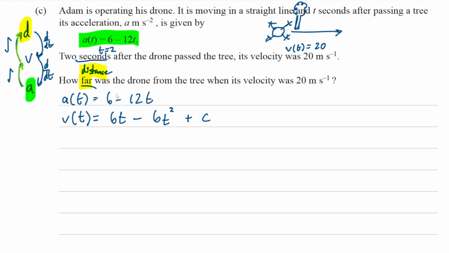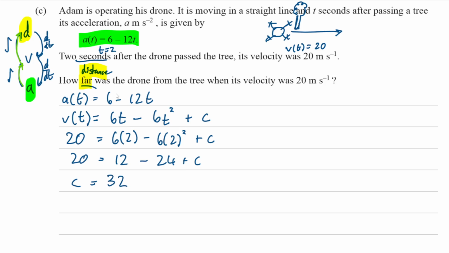So substituting that in, 20 goes in for speed and 2 goes in for t, so that we can solve for c. So 6 times 2 is 12, minus 2 squared is 4, times 6 is 24. 12 minus 24 is minus 12, add 12 to both sides, c equals 32.